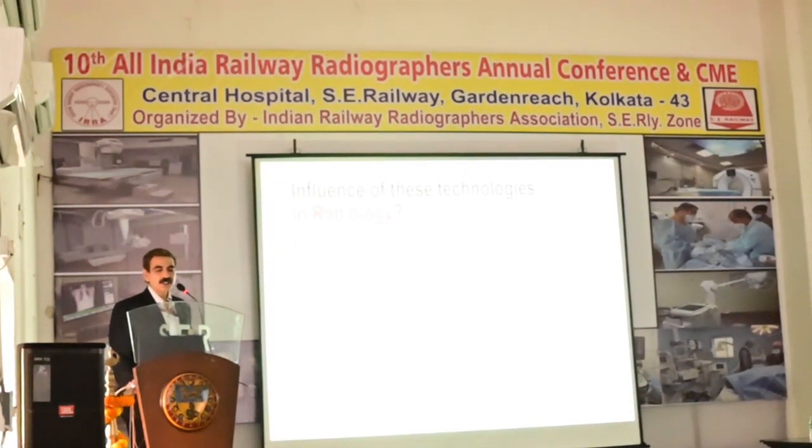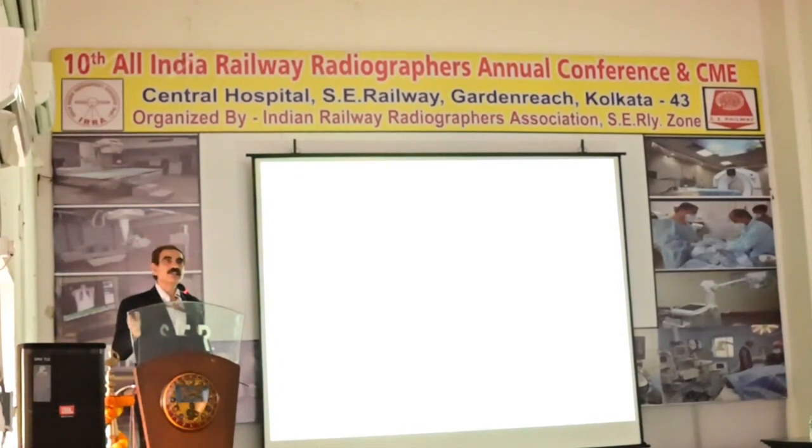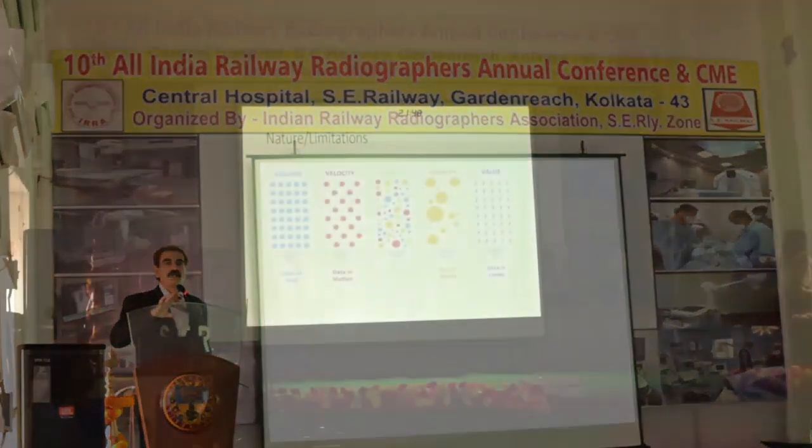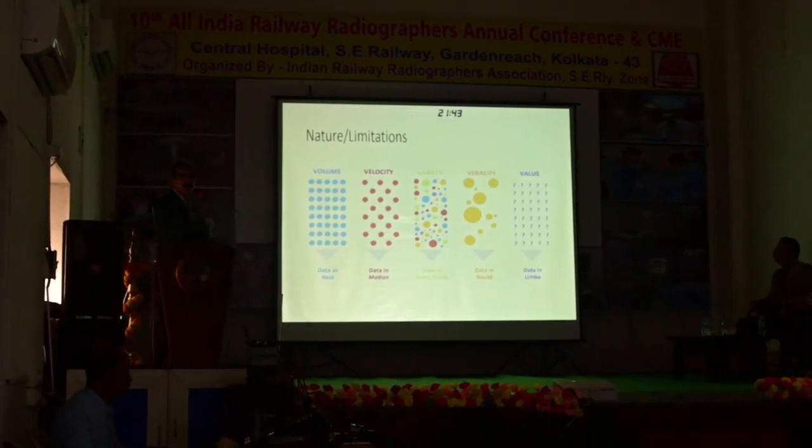Well, I'll come back to this slide later. So what is big data? Is there any definition of big data? Can anyone tell me what is big data? Data which is big, it is relative. The big data has no definition. The data is in millions and millions, and it can have velocity, which means the data is not static.